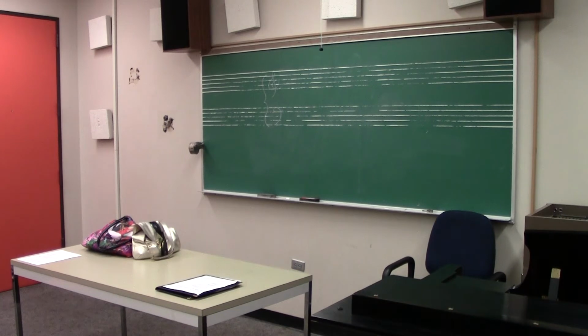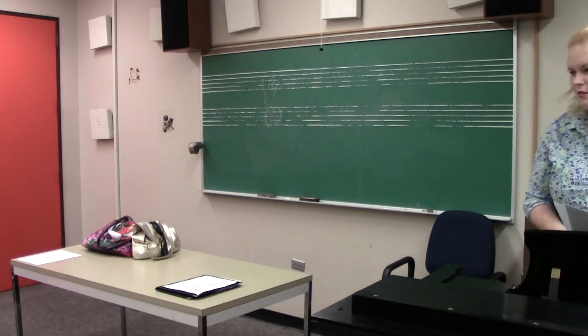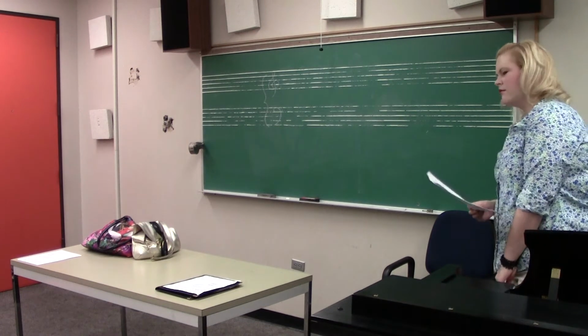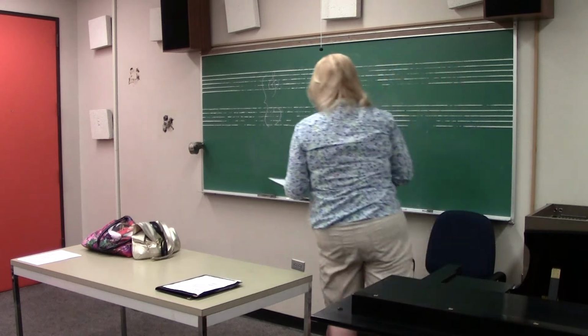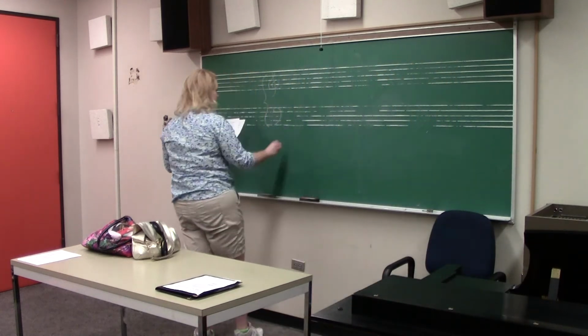Can anybody tell me why we might have to go to 1, 6, 4 instead of directly to 5 like we did in the other ones? Just look at the chords for 1 second while I throw them up on the board.